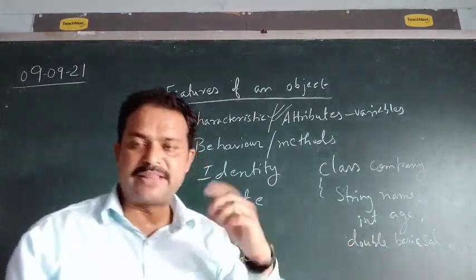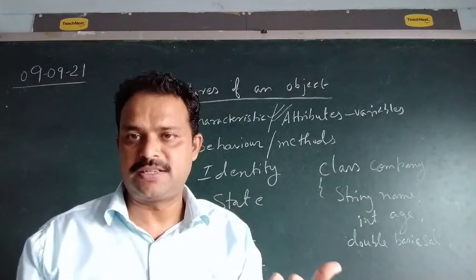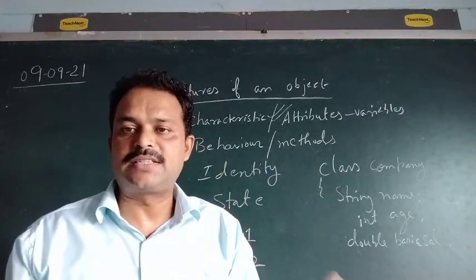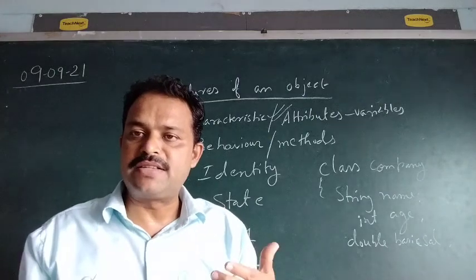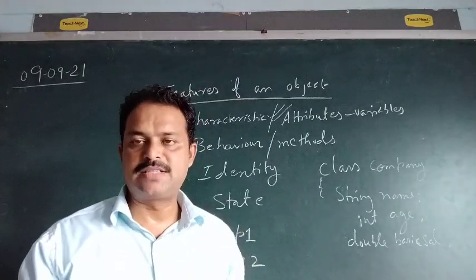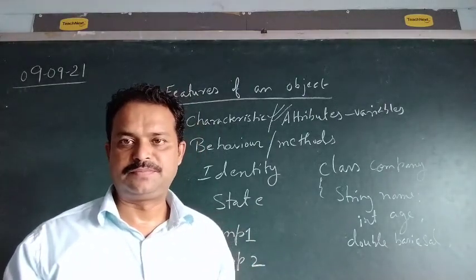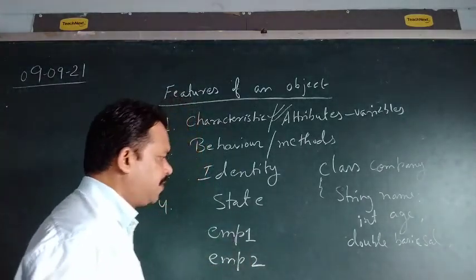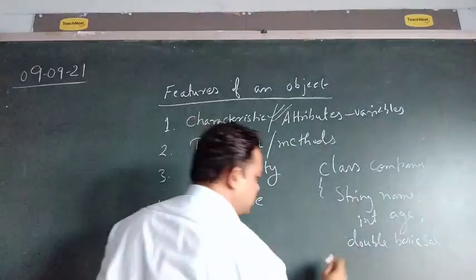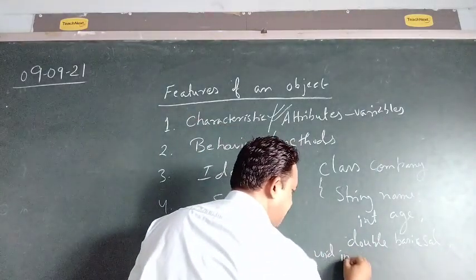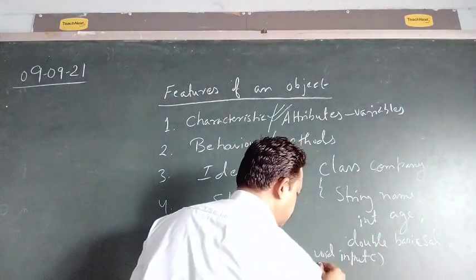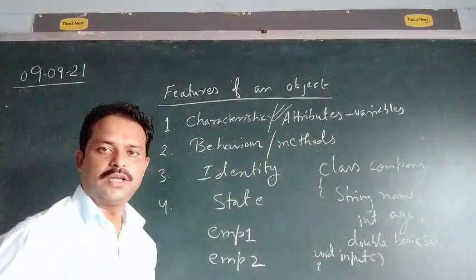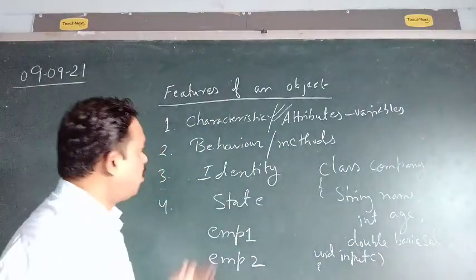The methods or functions we define inside the class behave as the behavior. It can be any function. For example, if I am making a function void input, or let me write it down here.